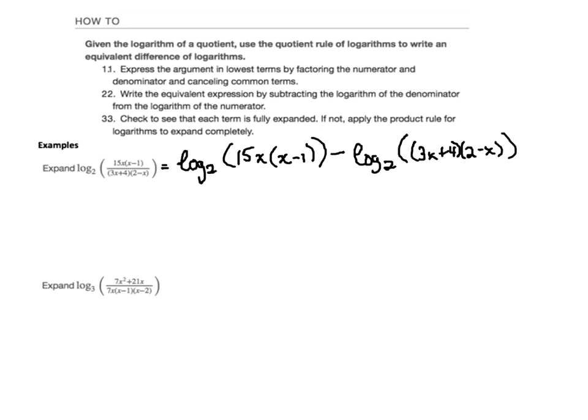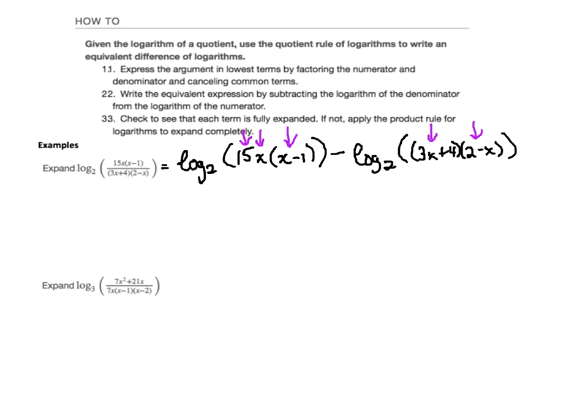Now, I believe that these problems just ask you to turn division into subtraction. But I want to point out that we can go further with this, because now I've got the log of a product with each of these.